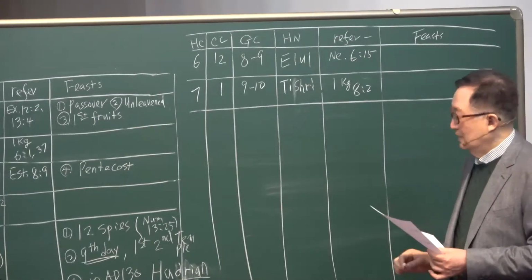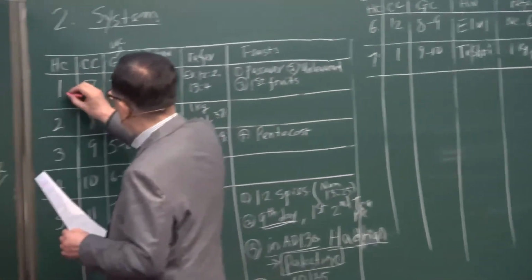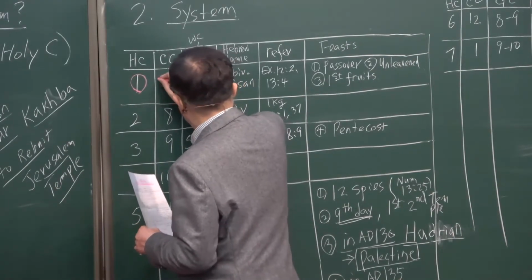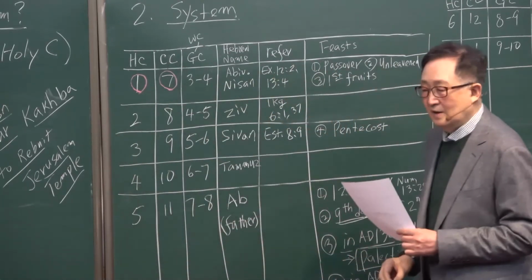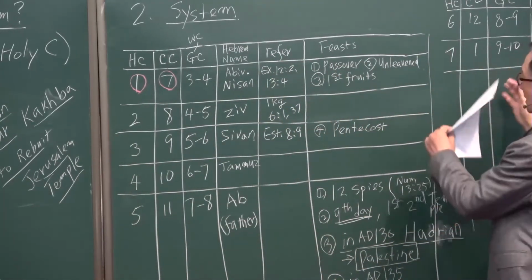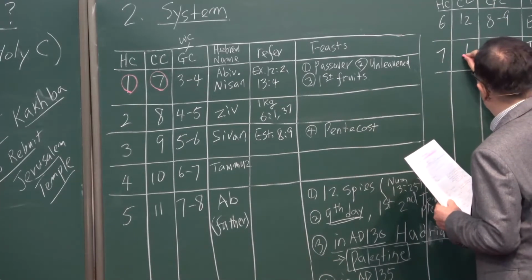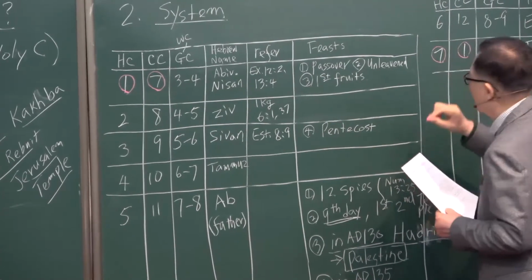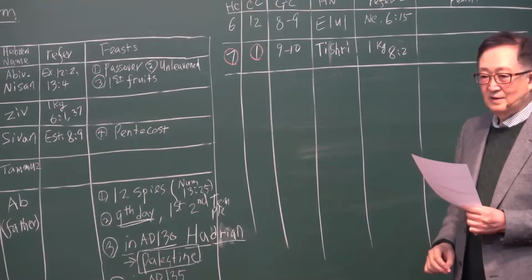This month, now remember, under the Holy Calendar, January, and Civil Calendar, July. Over here, it's opposite. Now here, it's Civil Calendar, January, is Holy Calendar, July. Okay?